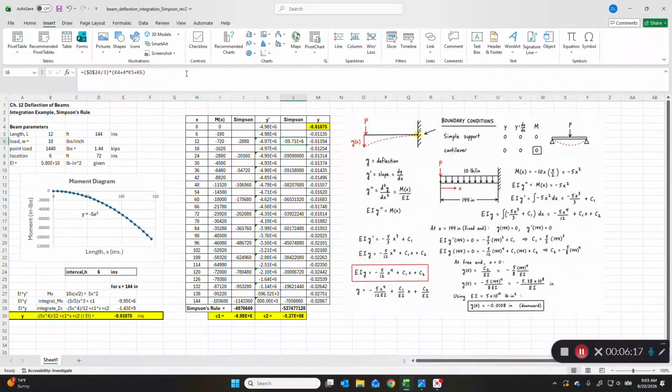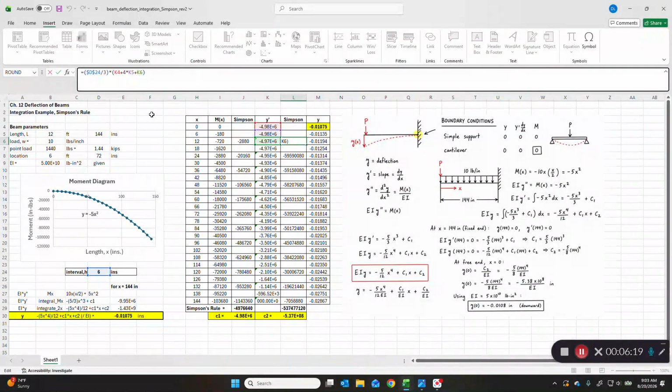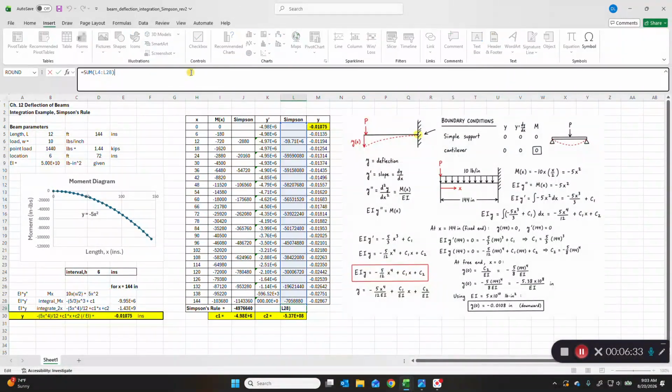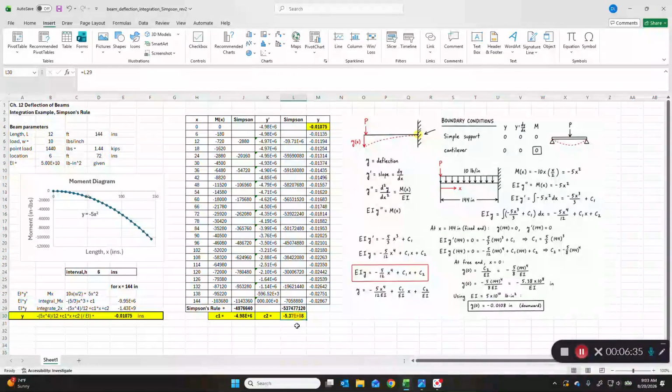Same type of formula structure: interval divided by 3 times the first term, plus 4 times the second term, plus the third term, and then we're copying that to every other cell all the way down to the bottom, and we're summing that column. We just take a summation of this column. That's our constant 2. So our constant 2 appears down here when we integrate twice. So the solution to that equation, EIY prime, is shown here.